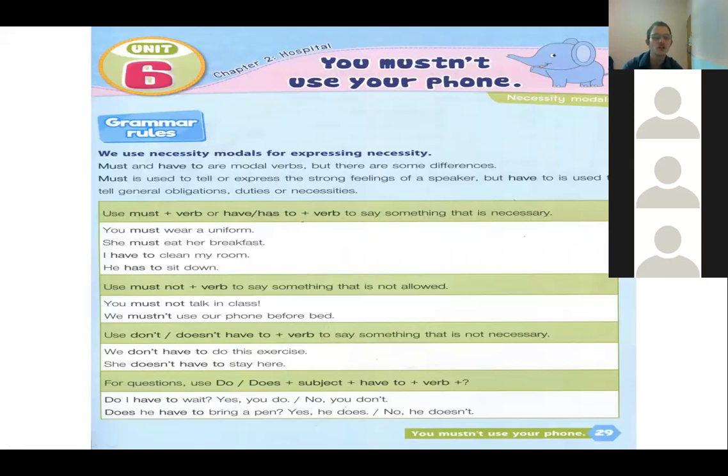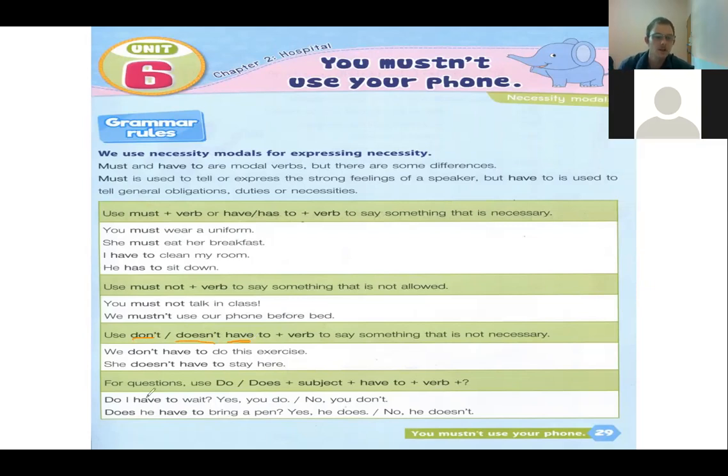When we use don't have to or doesn't have to, we only use have to. No, has to, no. Only have to. Don't have to, or does not have to. Not has at all.